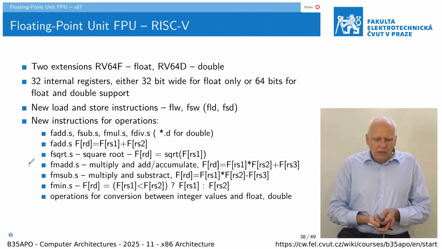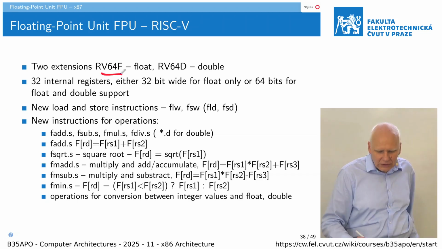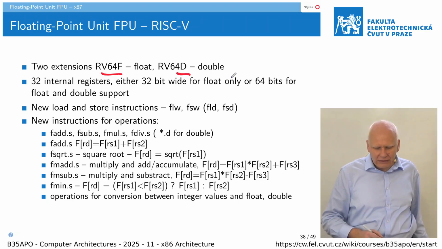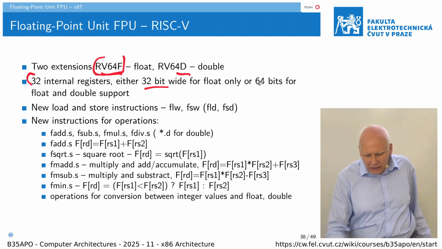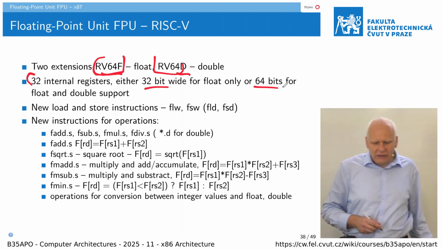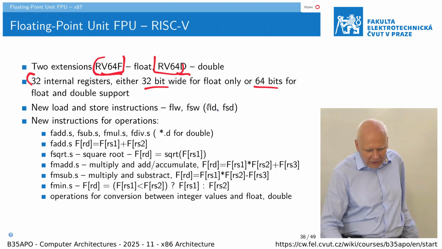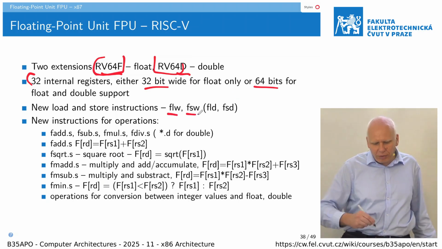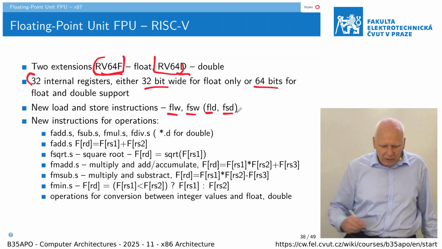computation. If we compare it with RISC-V, that it has a float, single, and D double extension, it adds additional 32-bit internal registers. If it is only that F variant, then it is only 32-bit wide. If it is with a D or both, then it is 64-bit registers, the floating point register files. To load, you have standard floating point load word, store word, load double, store double, and so on.